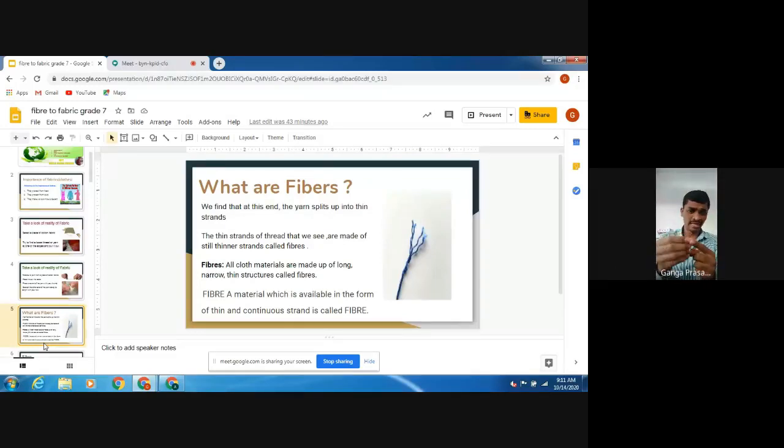If you loosen the yarn, you will get thinner strands in it, and those strands are called fibers. Fiber is a material which is available in the form of thin and continuous strands, and these strands are called fibers.